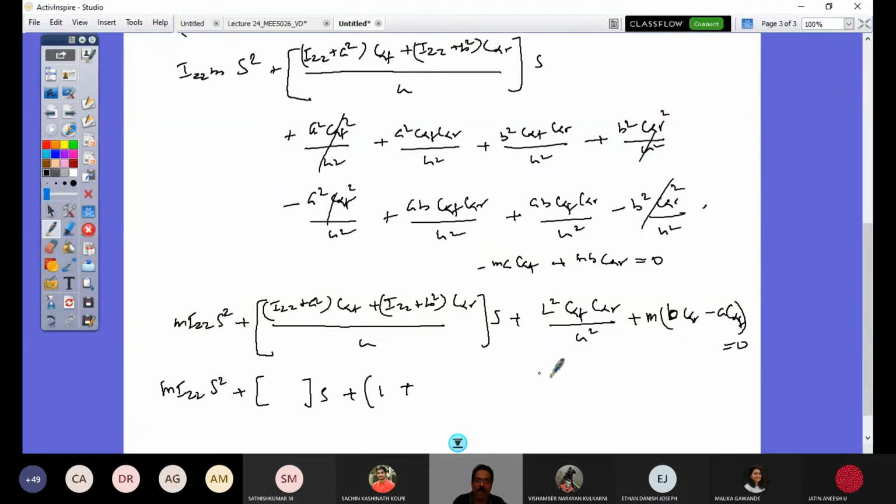So this will be M into B C alpha R minus A C alpha F by L squared C alpha F C alpha R into U square, that's equal to 0.